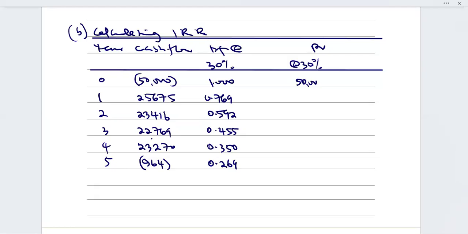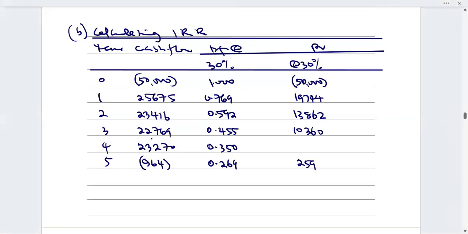Here will be 50,000. Year 1, 19,744. Year 2, 13,862. Year 3, 10,360. Year 4, 8145.